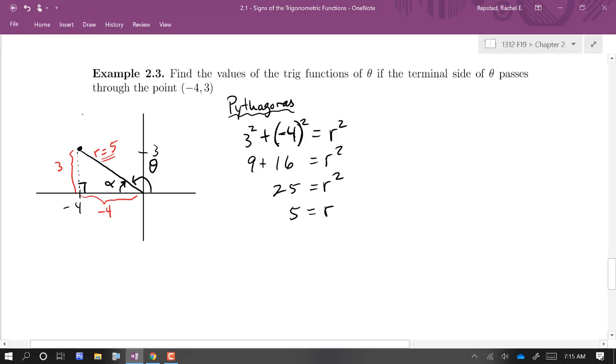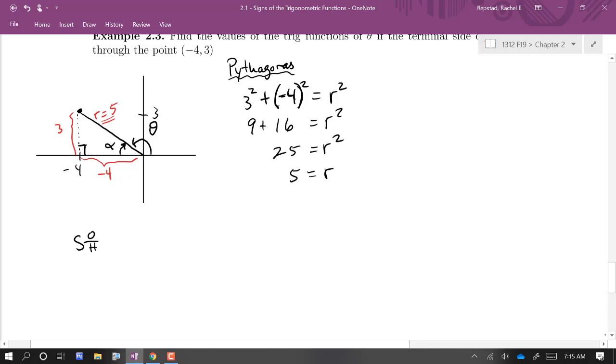And then we have SOHCAHTOA. They said find the values of the trig functions. They mean all of them, all 6 of them. We're going to start with just the 3 that we get from SOHCAHTOA. So let's see, this tells us that sine theta, opposite over hypotenuse, is 3 over 5.